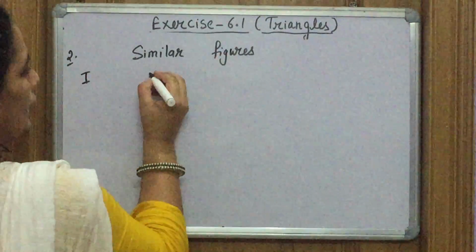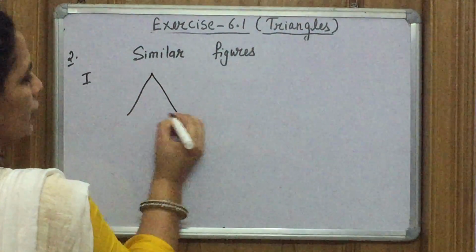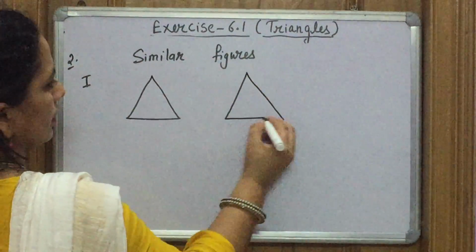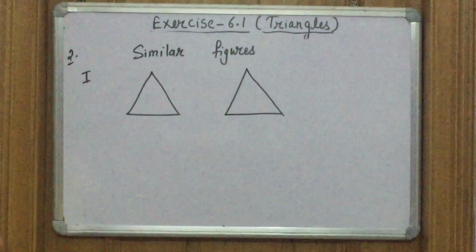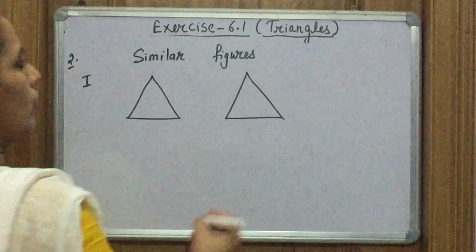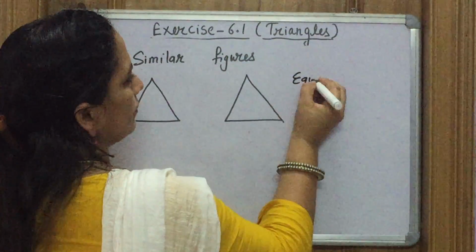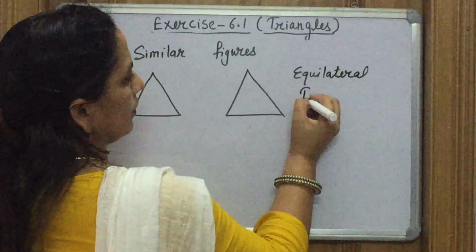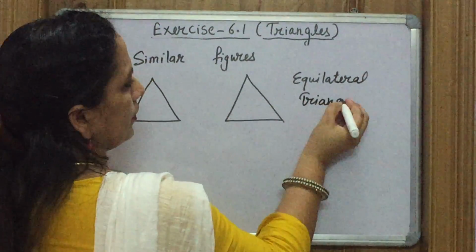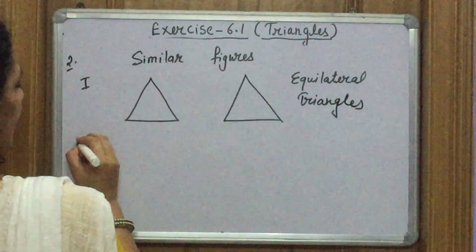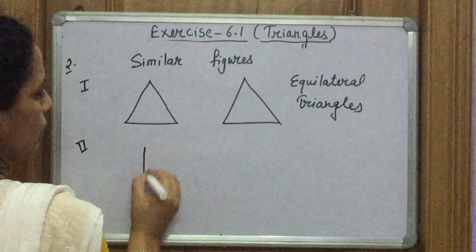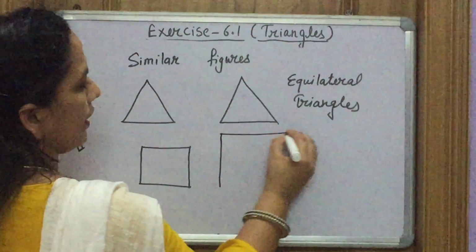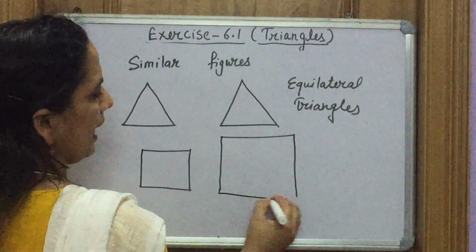You can take any two similar equilateral triangles, because equilateral triangles are always similar. And for the next one you can take two squares, because they satisfy the definition of similarity.